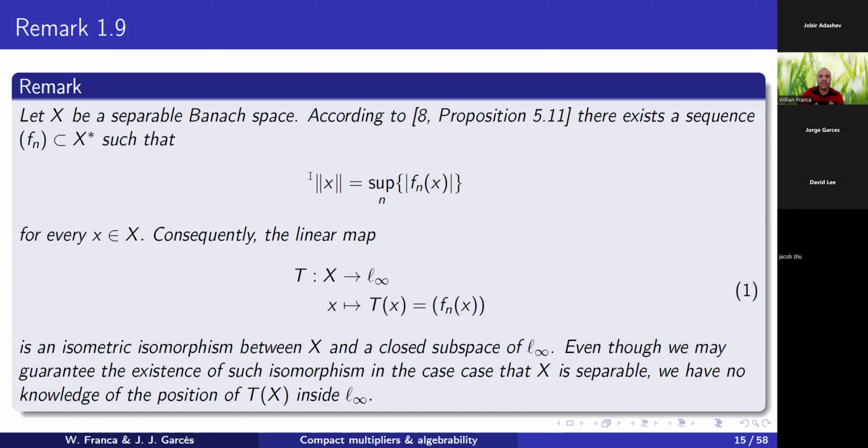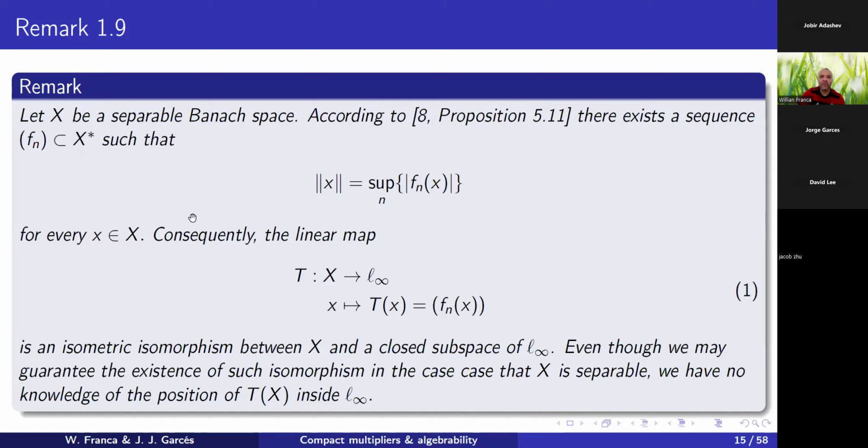You can always find a sequence in the topological dual of your separable Banach space with the following property, where the norm of each element is exactly this supremum. That holds for every element of your Banach space.